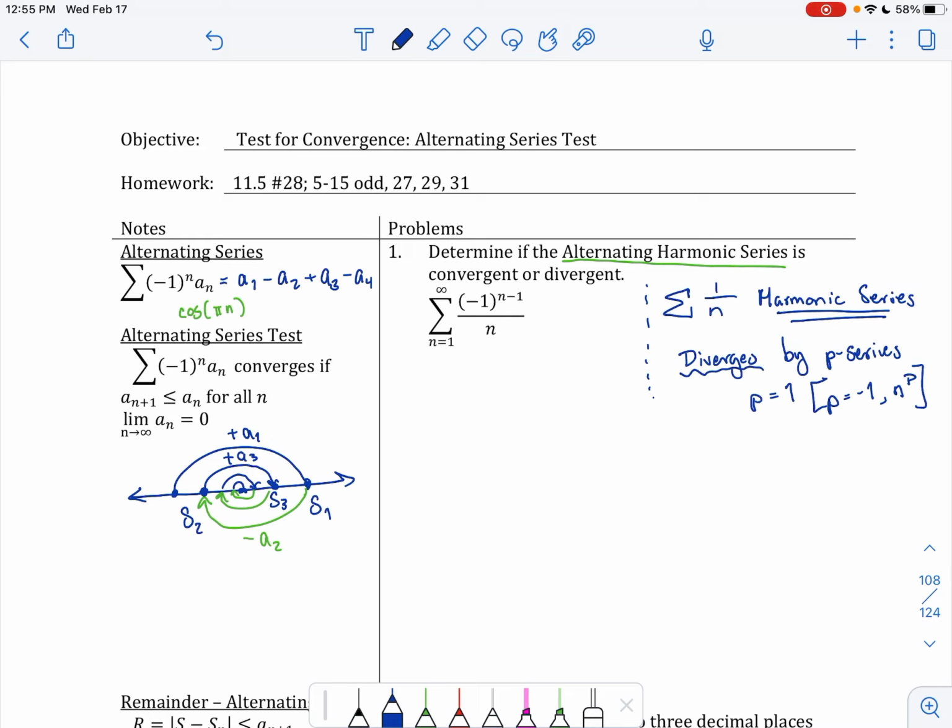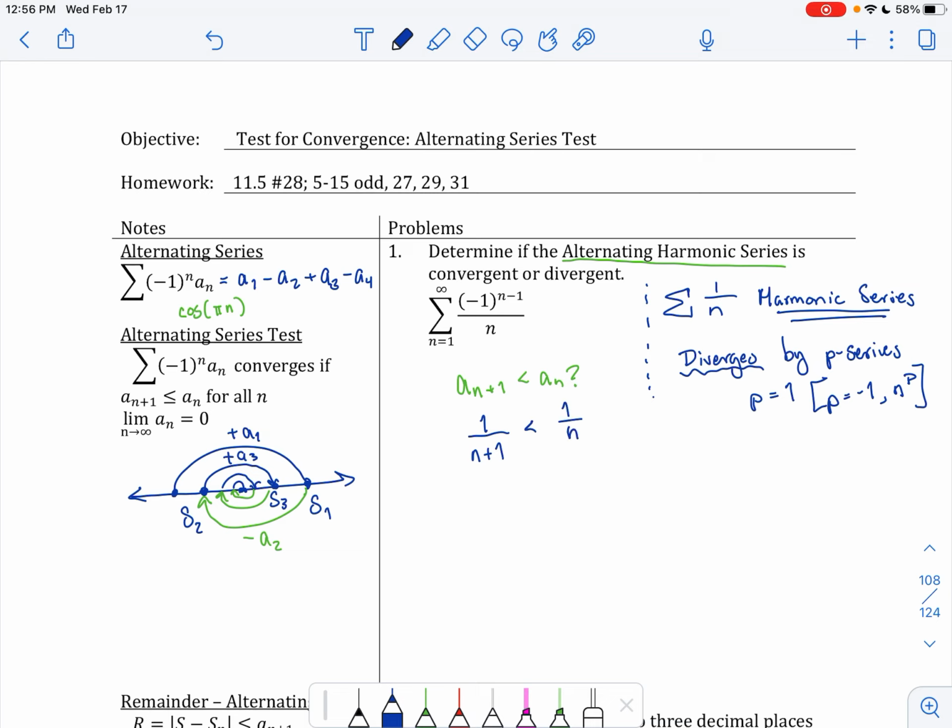The alternating harmonic series, on the other hand, we want to ask ourselves the question, is this true? And remember what we do: we take away this portion, the alternating portion, so take away the power of -1, which means that a sub n plus 1 is 1 over n plus 1, and a sub n is 1 over n.